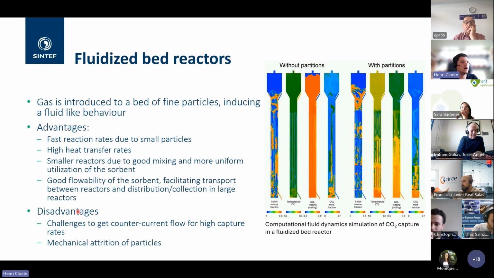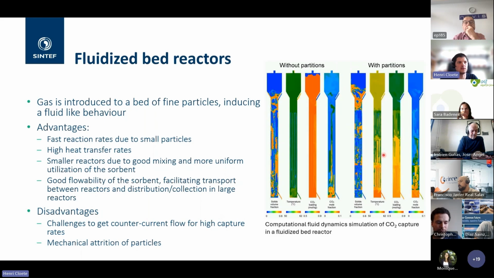But the disadvantage is that while you have advantages from the good mixing, as I mentioned, you actually want this kind of axial segregation, plug flow kind of behavior, which you then don't get in a fluidized bed.